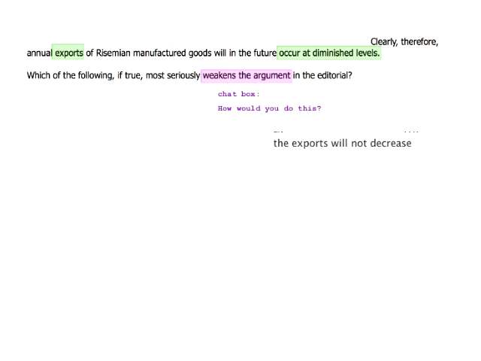So this is ultimately his point. Matt's point is that exports of these things will go down. So yeah, this is the side of the argument. You want something that's on this side of the issue.